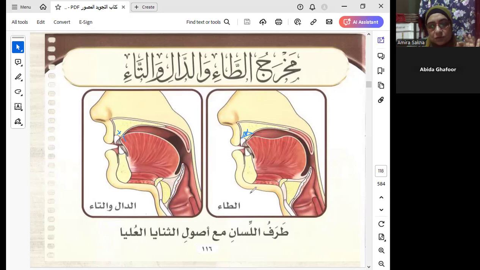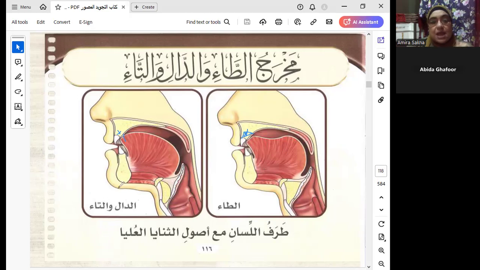The difference is that with ta, because it's a heavy sound, حرف المفخم, the back of the tongue will be raised and the epiglottis will be returned towards the wall of the throat, while the opposite with dal and ta, because they are light letters, حروف مرققة, the back of the tongue will be lowered and the epiglottis will remain where it is.